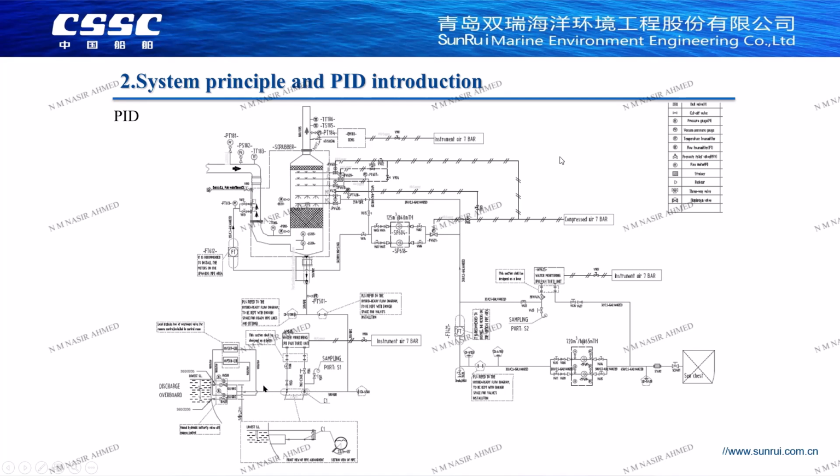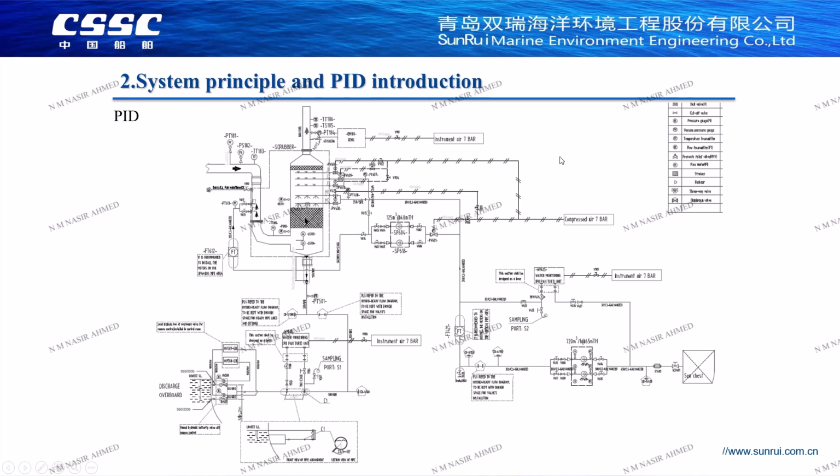At the same time, we take a side stream of seawater before we drain it. The seawater is sampled and analyzed to see if the discharged seawater meets the standards. For flue gas, we collect it from the main engine or the generator. The flue gas passes through the secondary tower and enters the desulfurization tower.